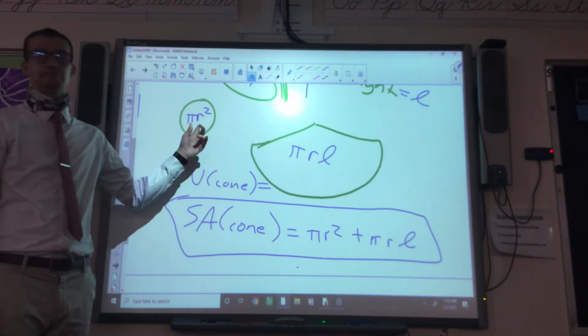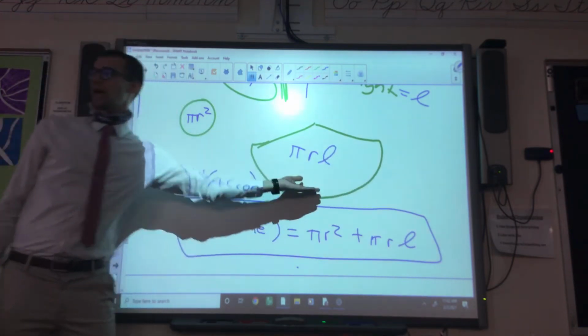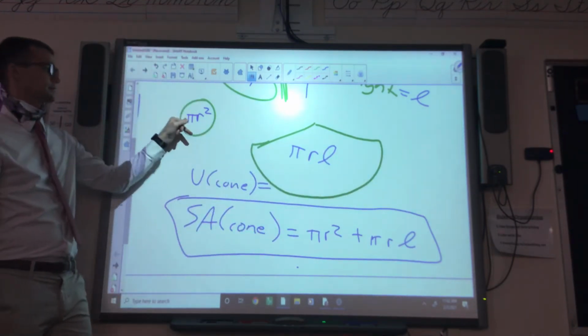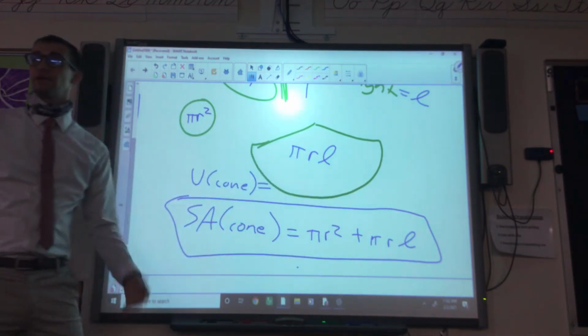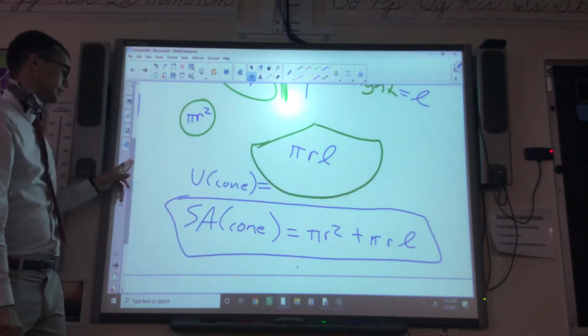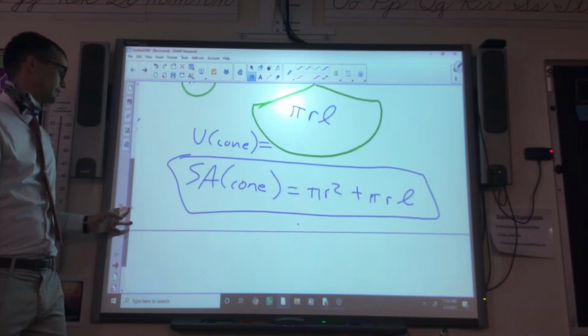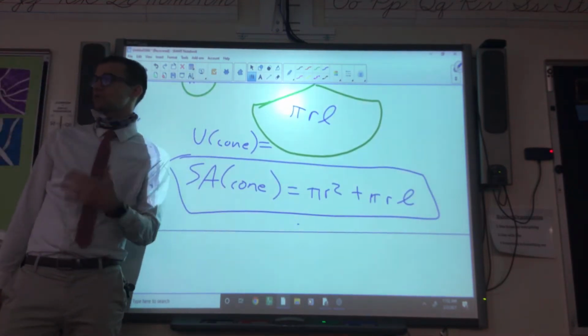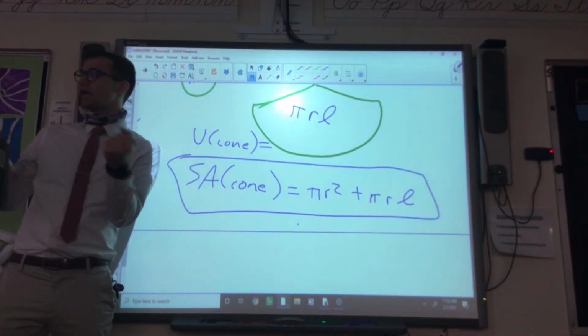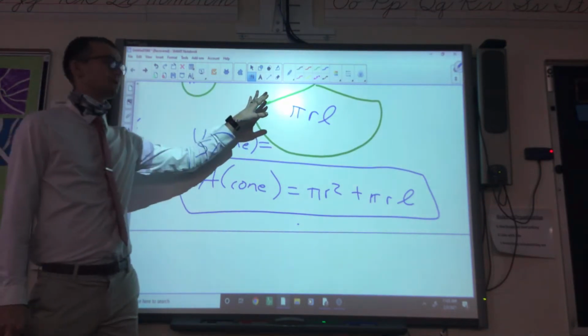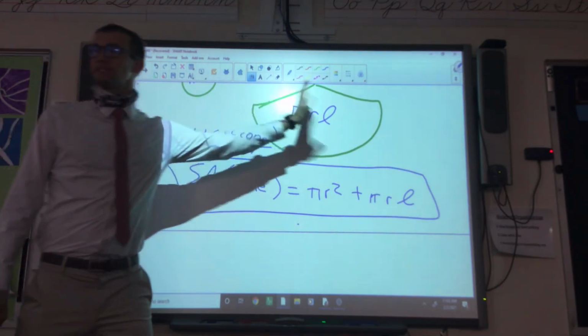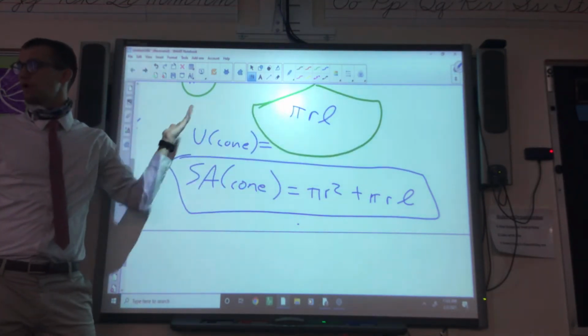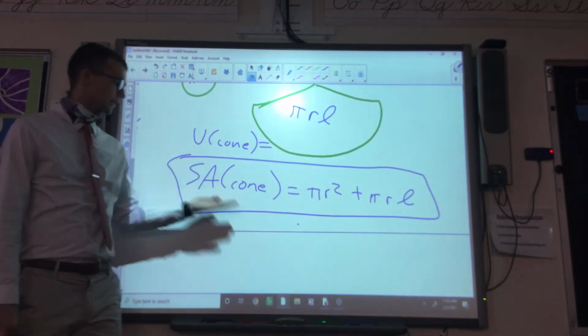I mean, the circle is obvious, but this right here is not quite as intuitive. That's pi r squared, this is pi r l. And it is actually important to know what each thing stands for, because there's gonna be parts of this section later on where they're gonna say, hey, break this up. Think, if you're painting a cone, but you're only painting the top of the cone, not the bottom, well, for surface area then, you're not gonna do this whole thing.